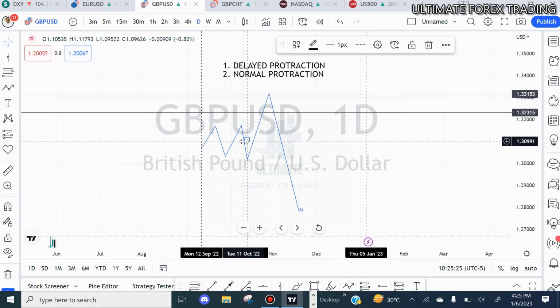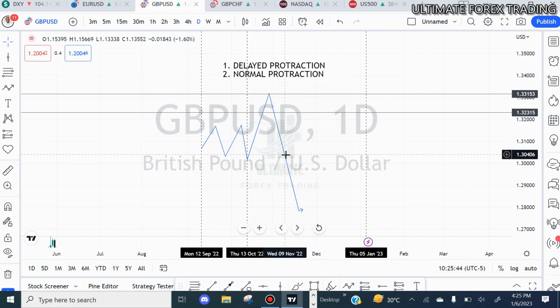And then immediately after 0 GMT, you'll most likely see the manipulation to the opposite direction of the intended daily bias, then the continuation in your intended direction, right? So this is for the normal protraction.